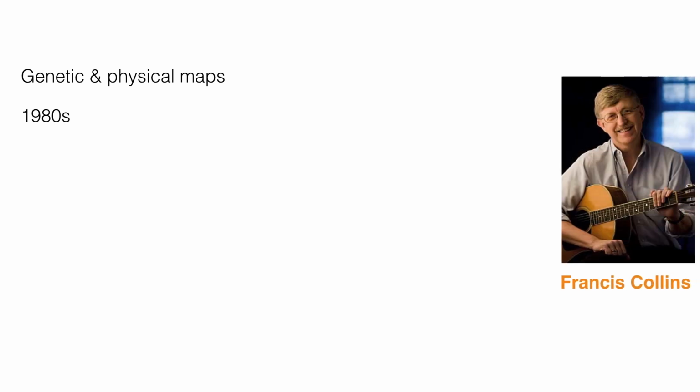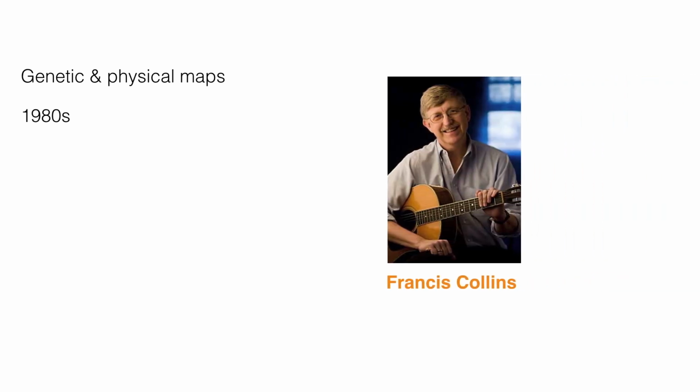Constructing the genetic and physical maps had one very important application in human genetics. In the 1980s, mapping was done in order to identify the causing genes for many human diseases. Dr. Francis Collins was one of the most famous masters of this process.